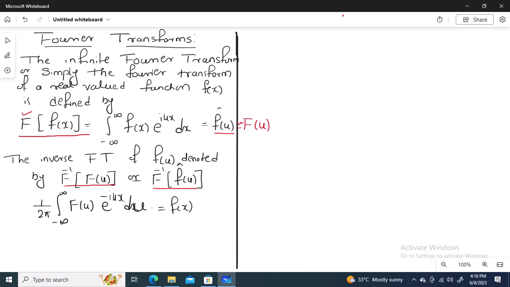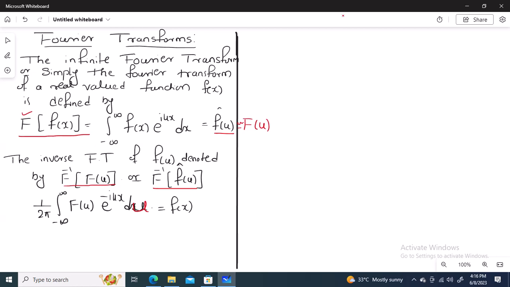So F inverse of f cap of u is nothing but 1 by 2 pi times the integral from minus infinity to plus infinity of f of u e power minus i u x du. Remember, when we operate the inverse Fourier transform, the integration is with respect to u.